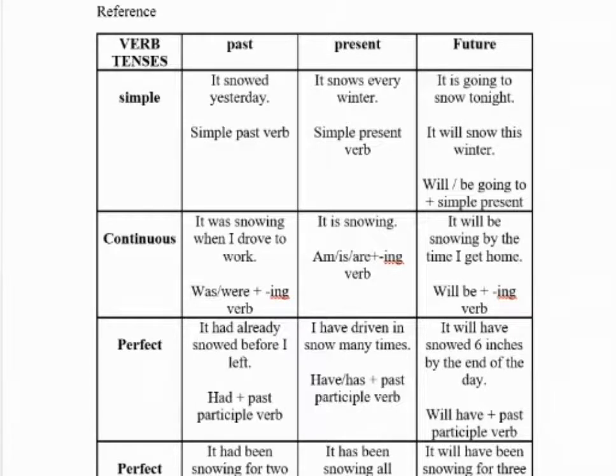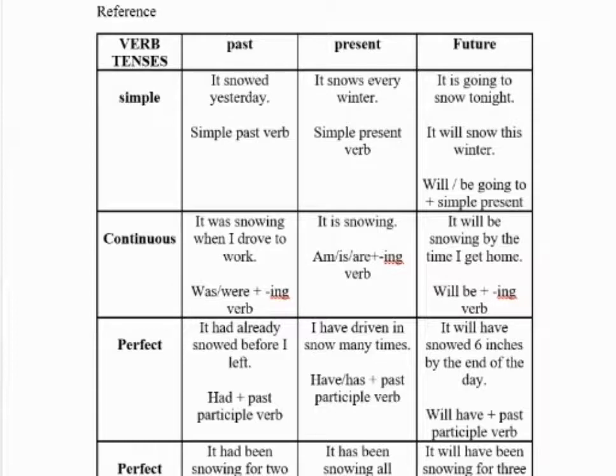So we only change the verb into the past form according to the verb. Snow is a regular verb, so we only add ed, while the verb drive, for example, is irregular. We change it into drove. Well, I drove yesterday, for example.